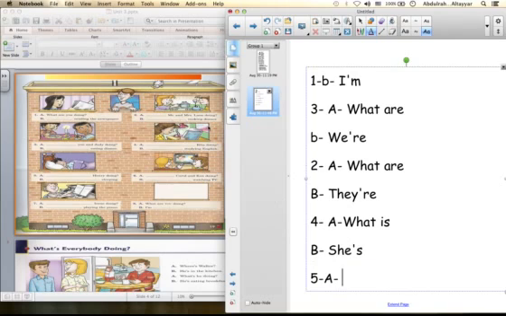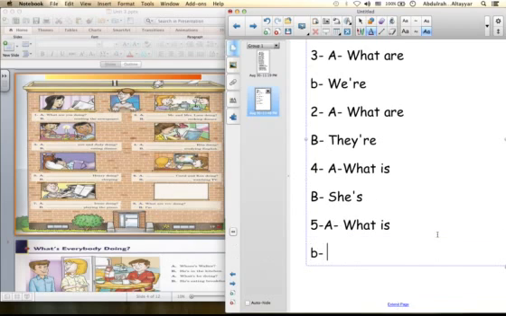So now number 5A. So he's asking you about Henry. Henry is the same thing as he. So we say, what is Henry doing? Yes, correct.